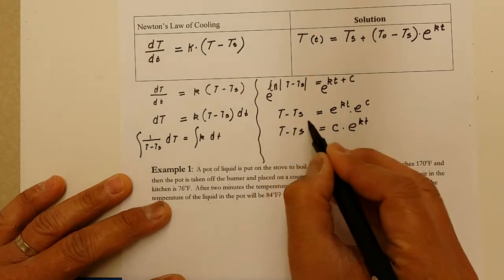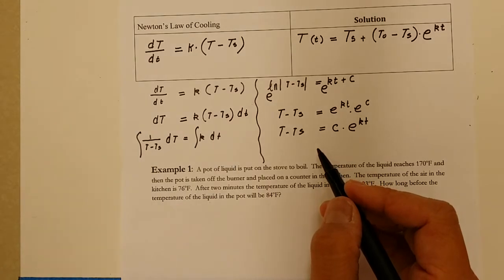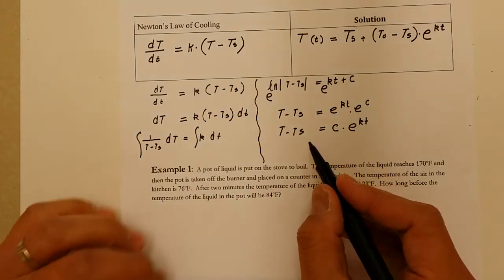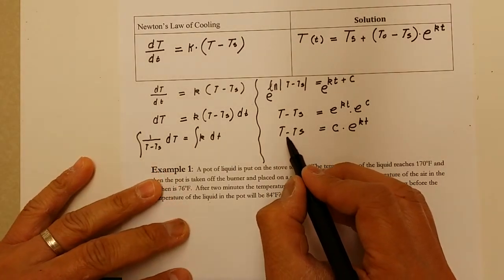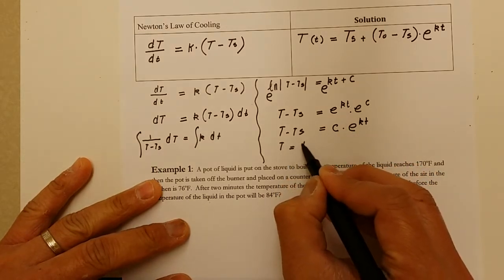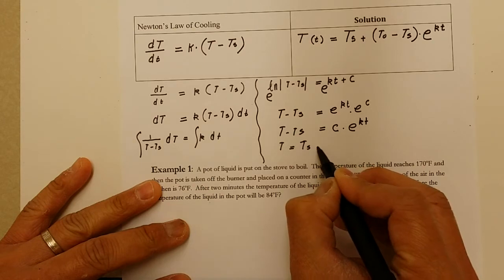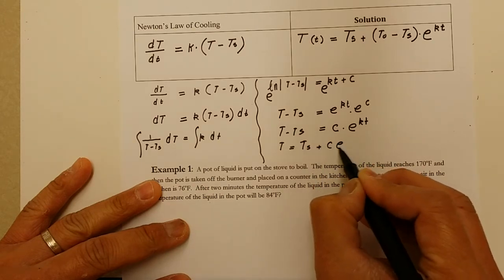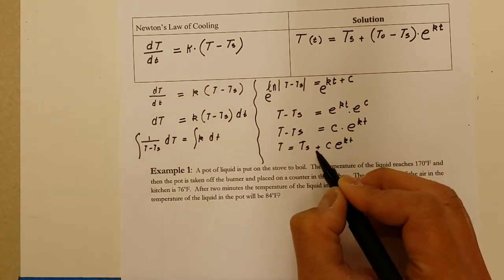And now I'm going to add T sub s to both sides. So T equals T sub s plus C e to the kt.